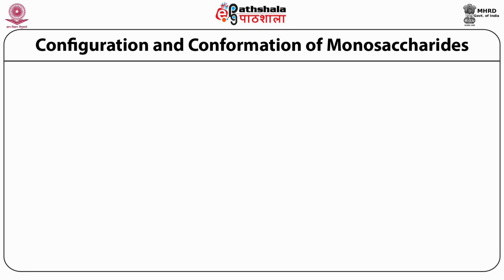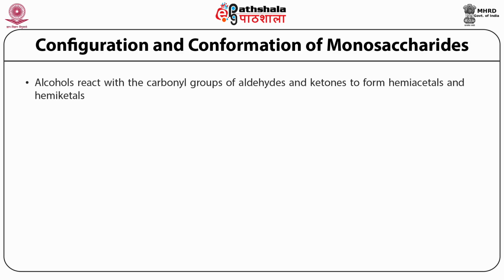We know that in general, alcohols have a tendency to react with the carbonyl group of aldehydes and ketones, and when that happens, it leads to the generation of a hemiacetal in the case of an aldehyde and a hemiketal if the alcohol group has reacted with the carbonyl group of a ketone.